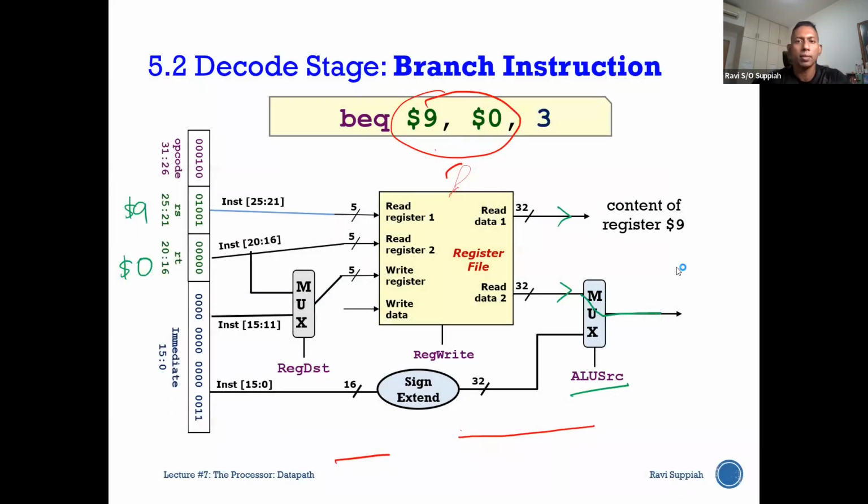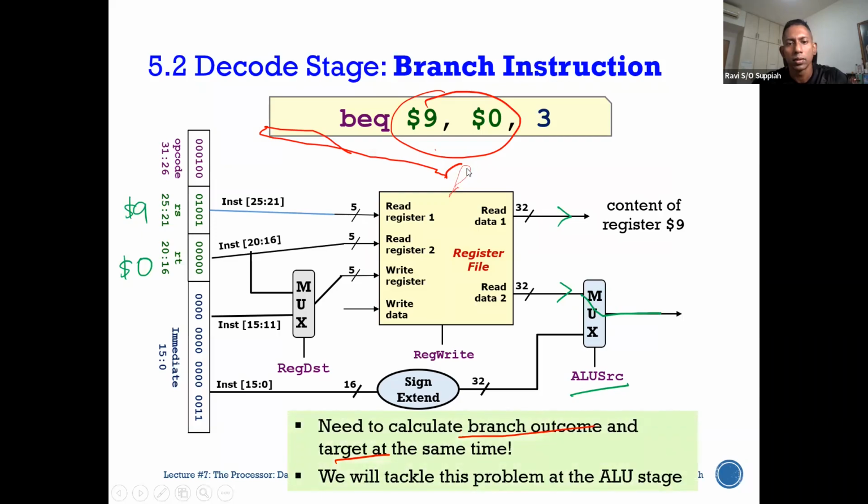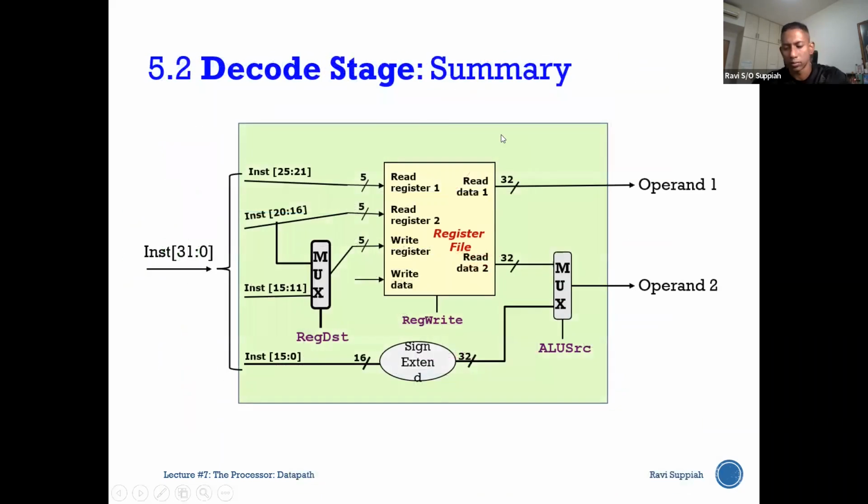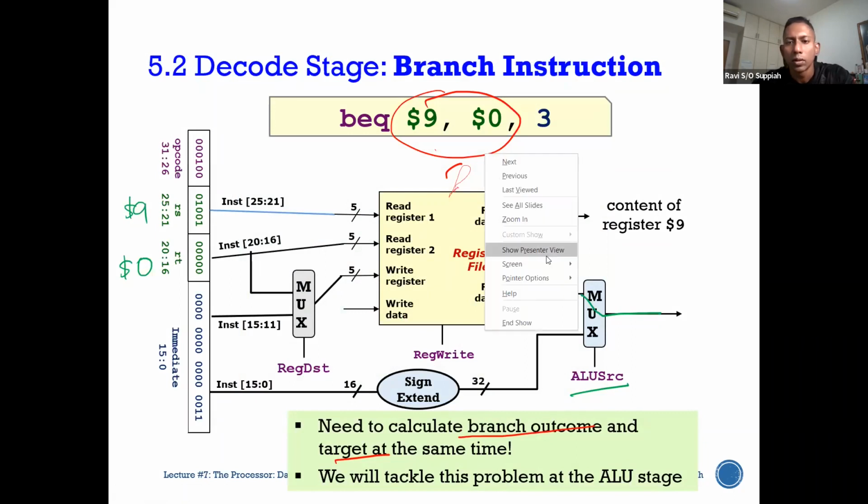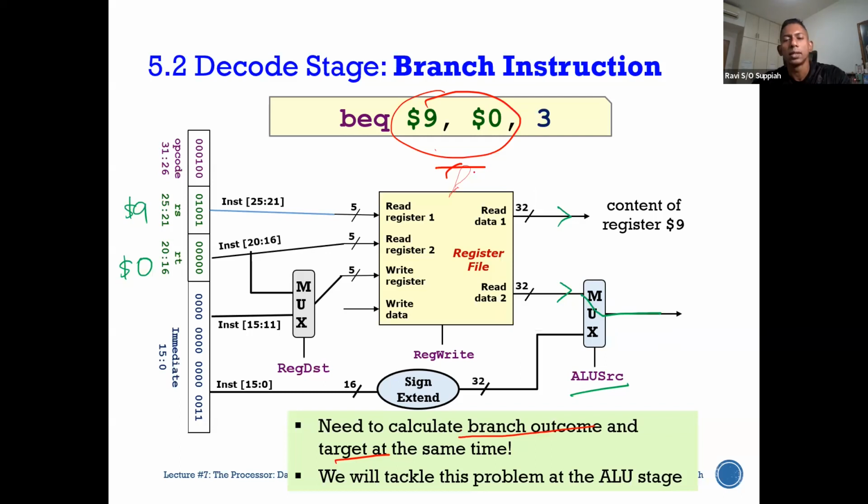Okay, whether they are the same, that is 1. So this is the first thing, whether they are the same. The next thing is the target. So I need to do both of these two things at the same time.